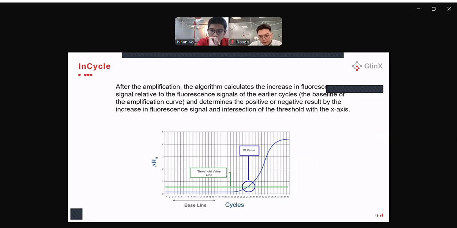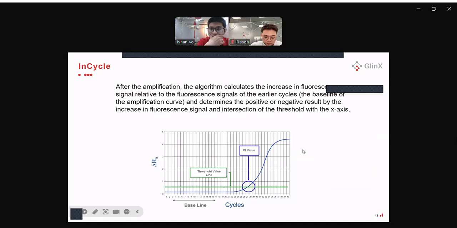The x-axis represents the number of cycles, and the y-axis represents the fluorescent signal. When each cycle has finished, we detect the intensity of the fluorescent signal once.